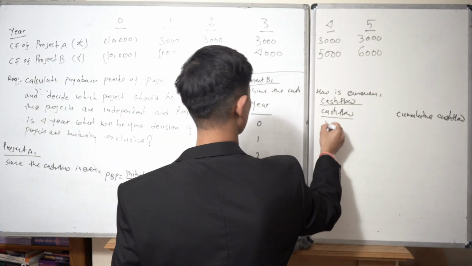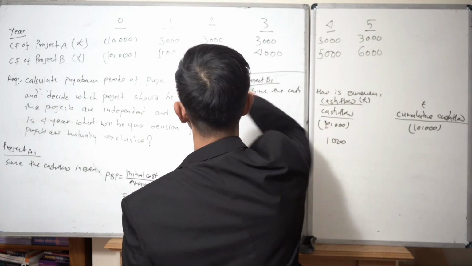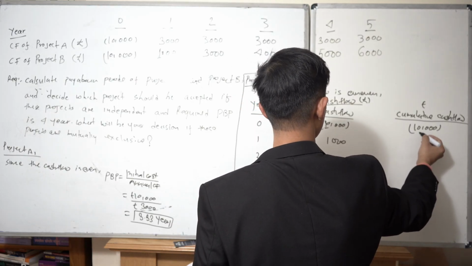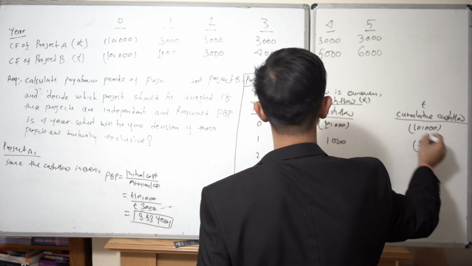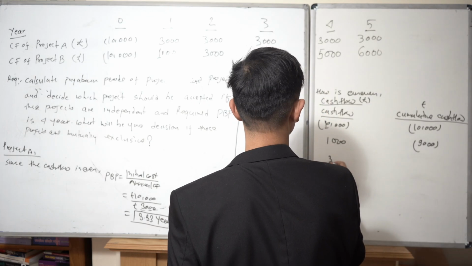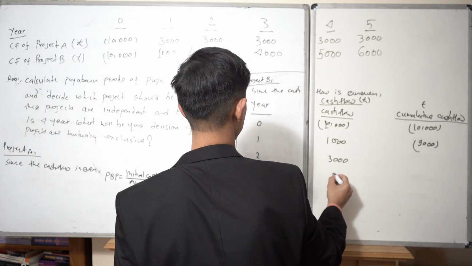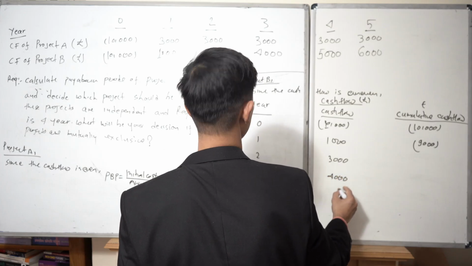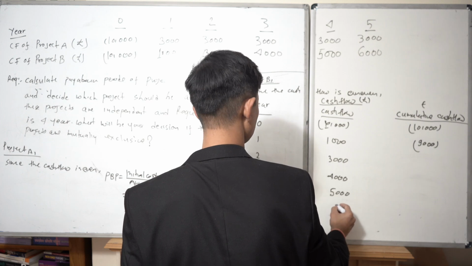In year 0 the cash flow is minus 10,000. In year 1 the cash flow is 1,000, so the cumulative would be minus 10,000 plus 1,000, which gives minus 9,000. In year 2 it is 3,000, in year 3 it is 4,000, in year 4 it is 5,000, and in year 5 it is 6,000.